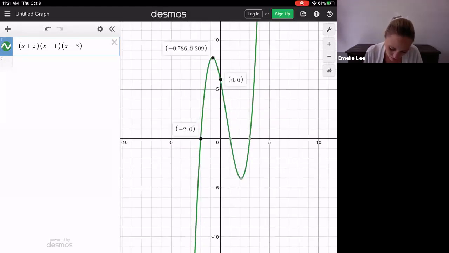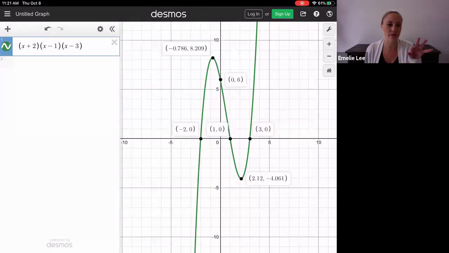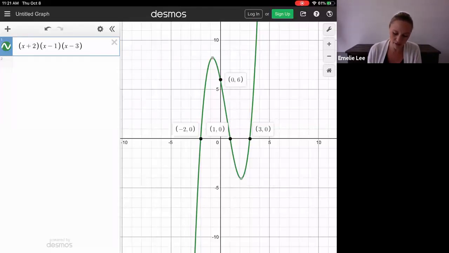And if you click those points, it'll show you where those kind of important points are. We haven't talked about the maximum or the minimum, and we haven't really talked about the y-intercept yet. For now, we've only talked about the roots, right, where it crosses the x-axis. But so here, this looks a lot like what we developed, right?